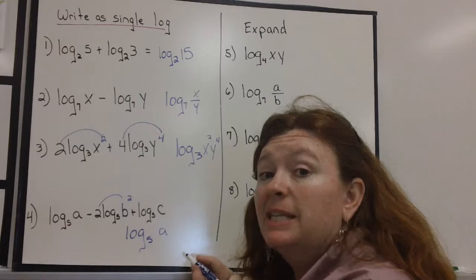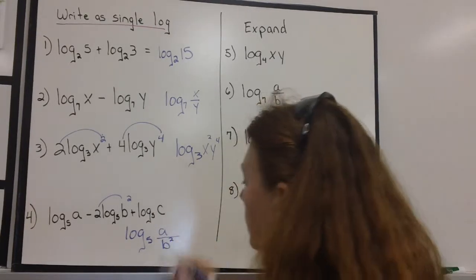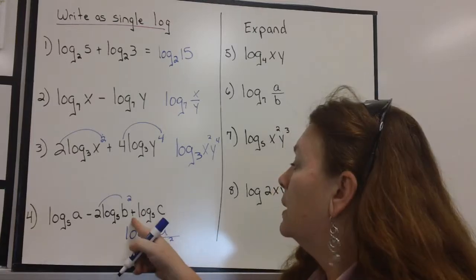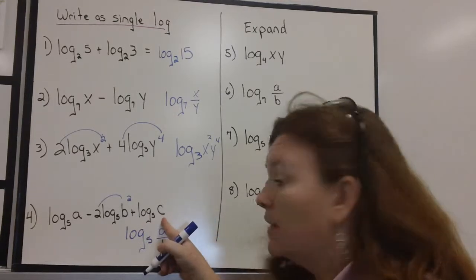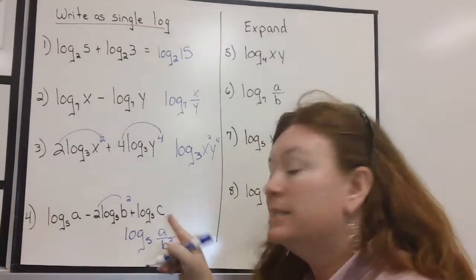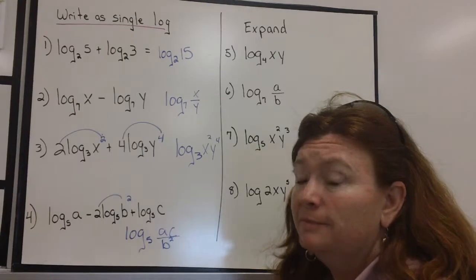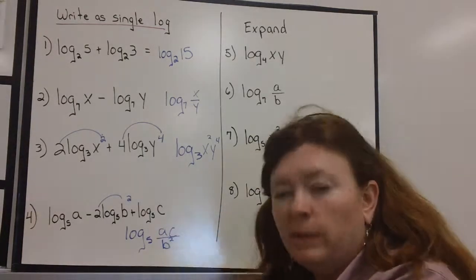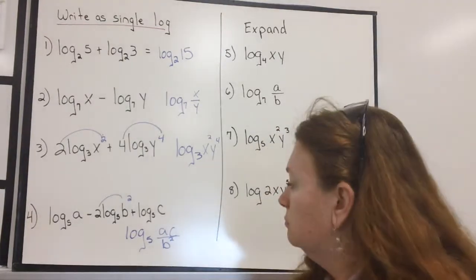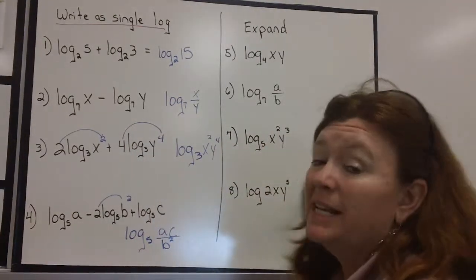The minus means I divide, so I put the b squared on the bottom. But I'm adding log base 5 of c, so that means I multiply by c. So the c goes on the top. And that's my answer. Now if those were numbers, I could reduce them maybe, but they're just variables, so I can't. So that is writing as a single log.